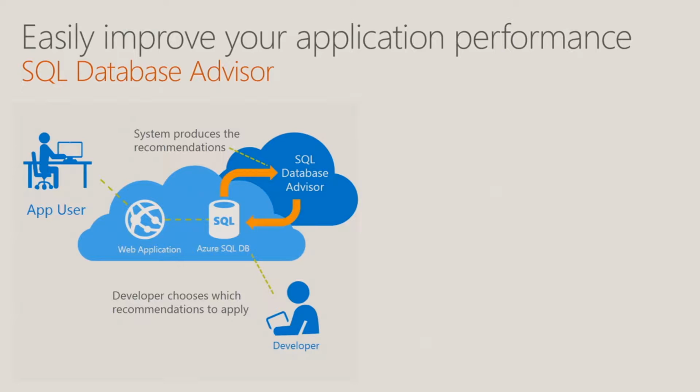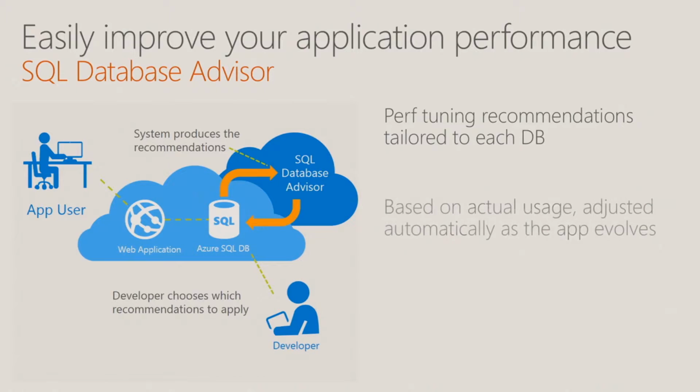Then our friend Joe, the developer, can just pick which recommendations to apply. And this is all really simple and easy. The main point is these recommendations are tailored to each individual database. Our models can learn from running millions of databases in the service and provide a customized, tailored experience to each one of our customers.